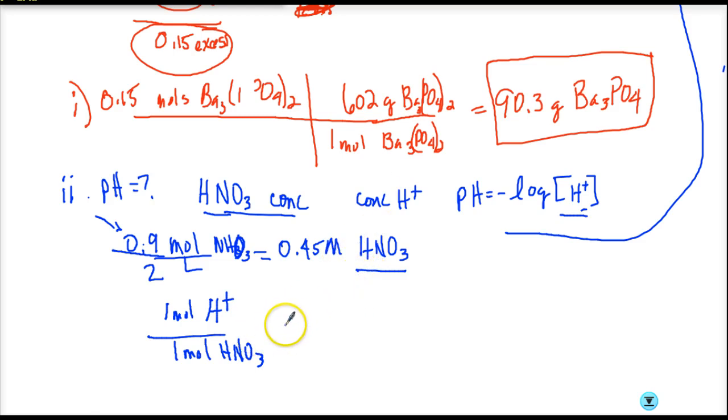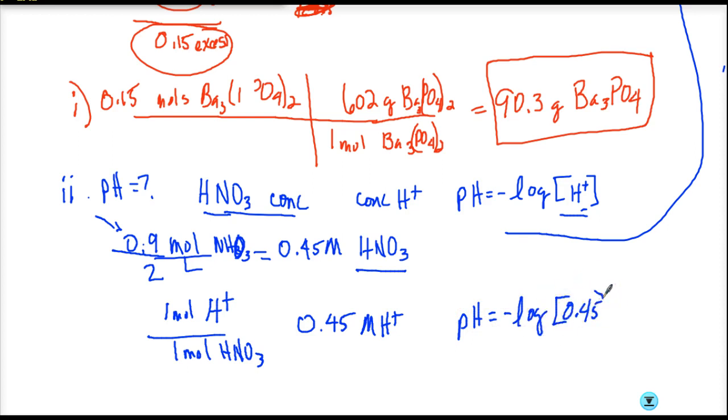So we're going to get 0.45 moles per liter of hydrogen ions. So then we simply have pH as the negative log of 0.45 moles per liter, and then that means your pH is, I think, 0.35. I don't know. That doesn't look right.